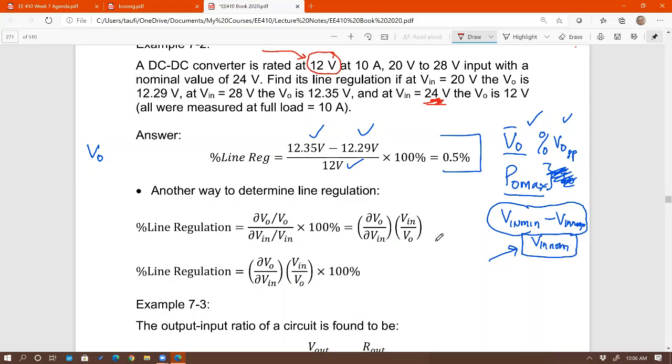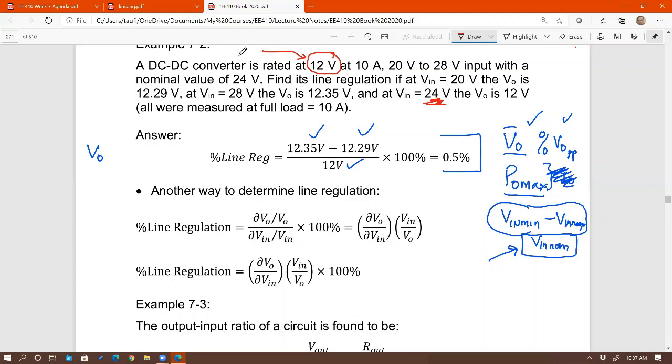Does that mean the rated value is not always the output when you input the nominal value, or do they match up? I think we're confusing something here. The nominal refers to the input voltage, right? So the rated output voltage is always given at nominal input voltage. Now, let's say you buy a DC to DC converter, they're going to give you a round number, like 12 volts. They're not going to give you 11.95 or 12.01, right?